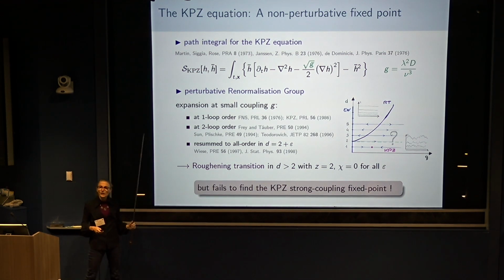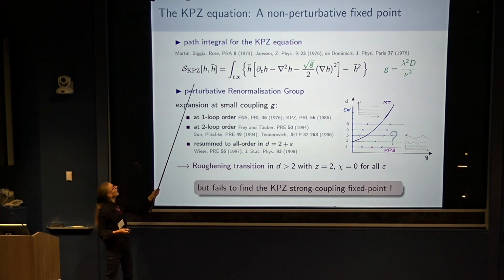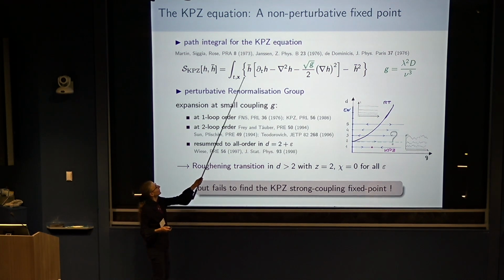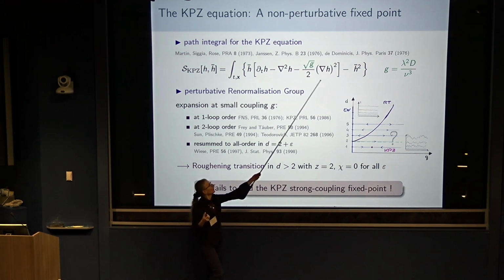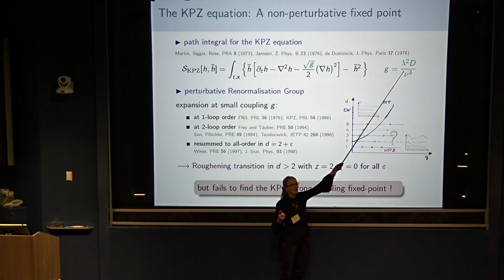So let me tell you what is known in any dimension about this. So I will write it as a path integral. So this is the action. And you can rescale everything so that you have only one independent coefficient, which is a kind of effective nonlinearity. Or you can call it the Reynolds number equivalently. If you are in Burgers, just call it Reynolds.